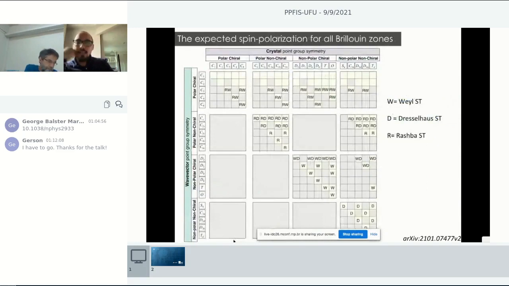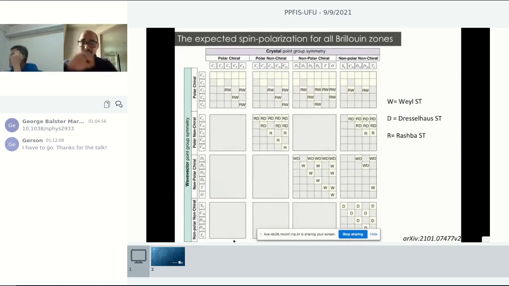I'm going to finish with this information. So look, now I can write here all the possible point groups I can find in materials.